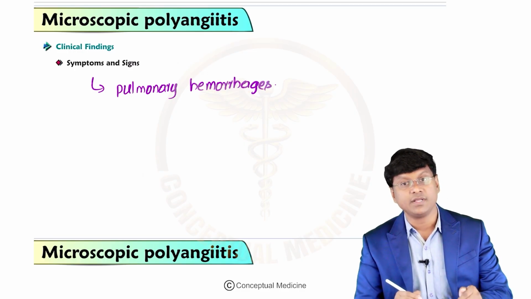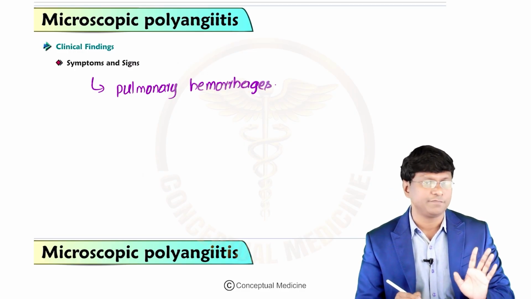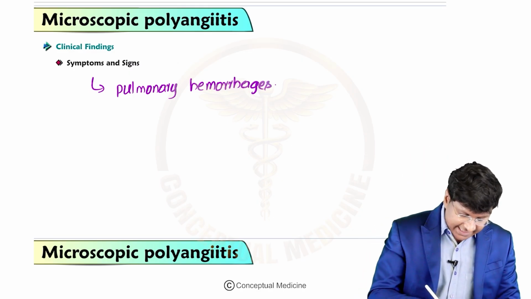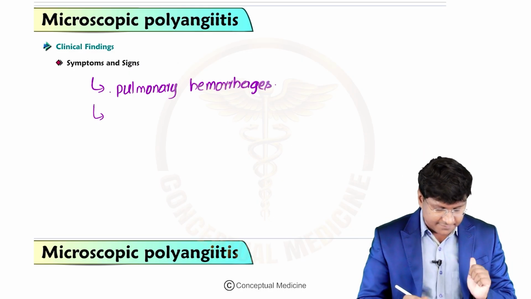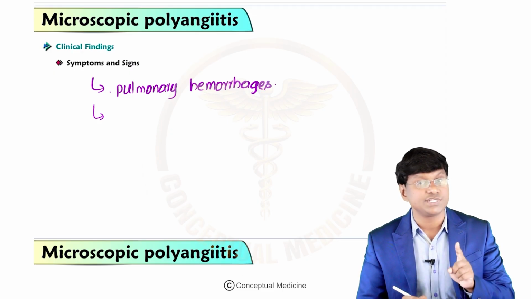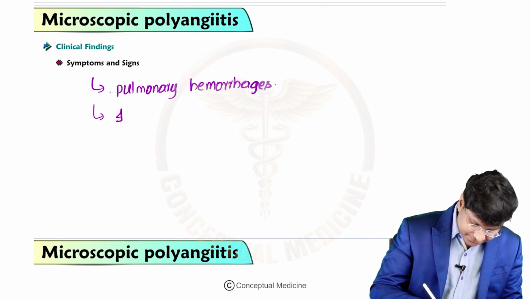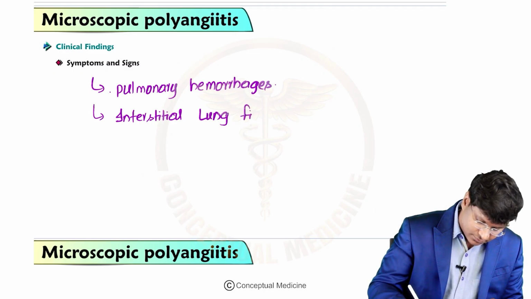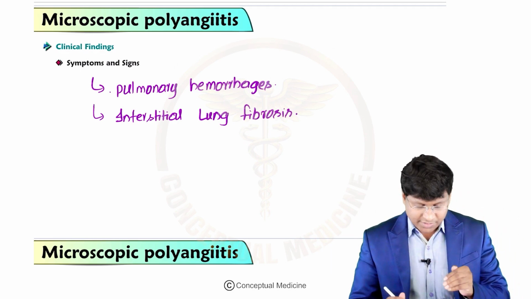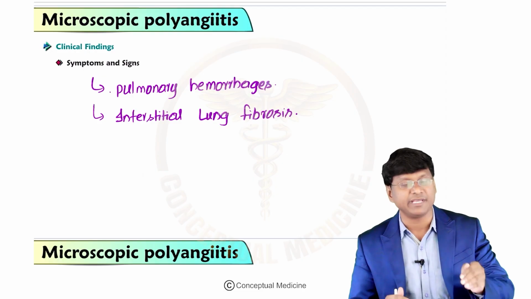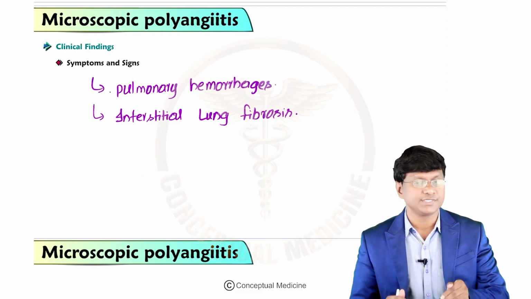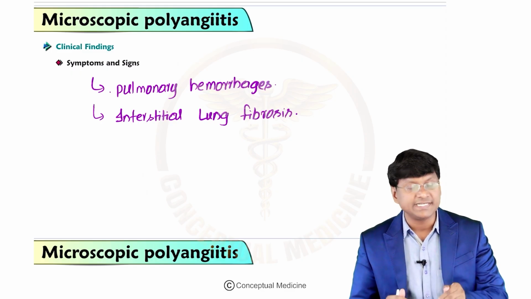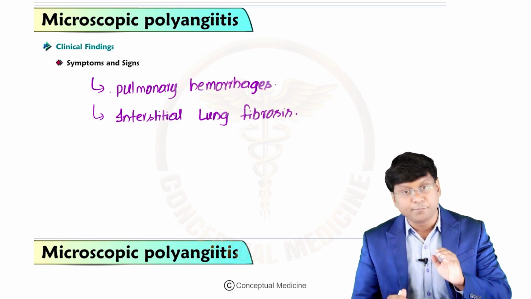Pulmonary hemorrhages may occur with pathological findings typical of capillaritis. Another important pulmonary manifestation in microscopic polyangiitis is interstitial lung fibrosis, which mimics usual interstitial pneumonitis, may be part of the presenting condition, and conveys a poor prognosis.